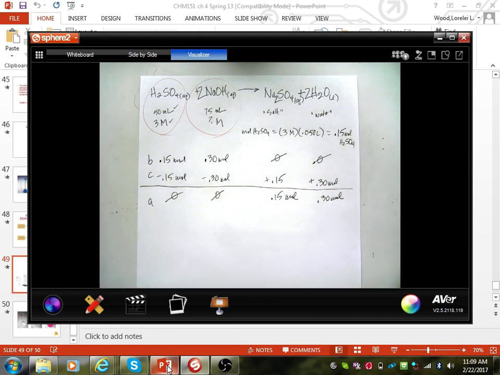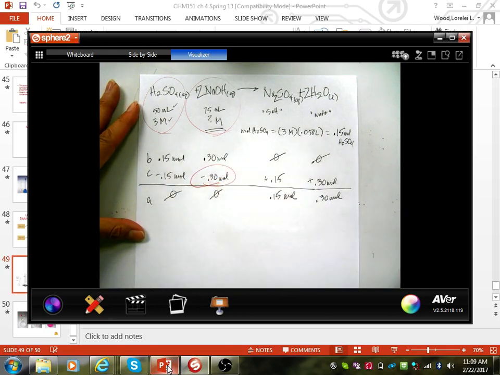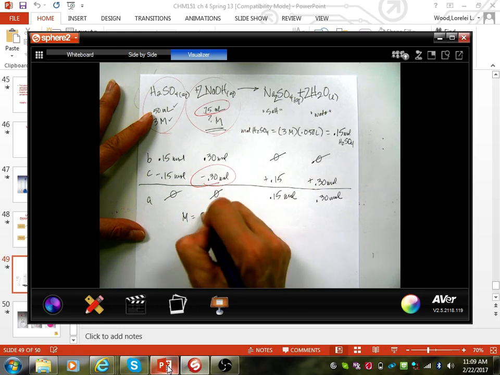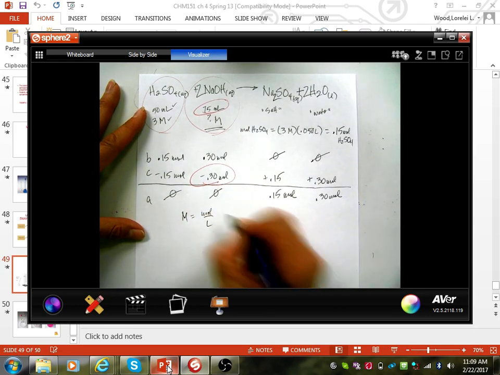All right. So the question asked, what's my concentration? Have I answered the question? No. What do I have that I can use to answer the question? I got my moles. What else do I have? I got the volume, right? And molarity is equal to moles per liter. Isn't that the two pieces of information I need? Right? So I just plug in the moles.